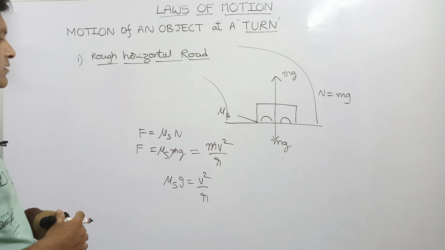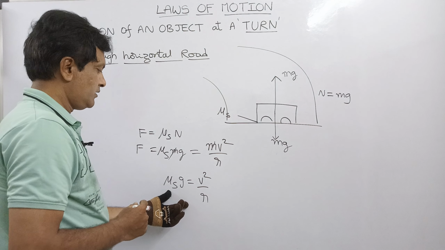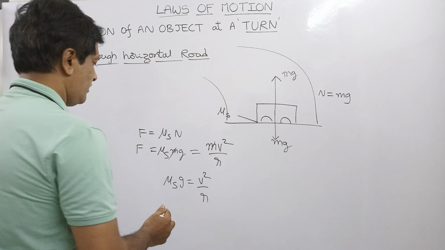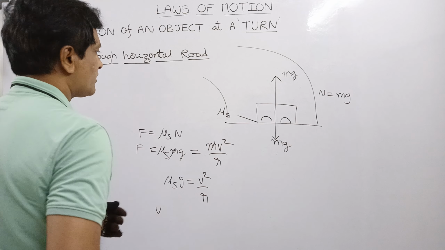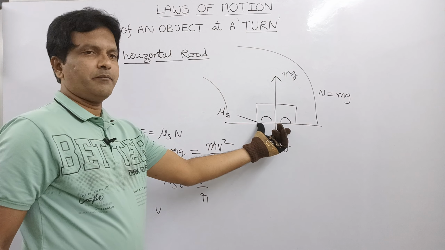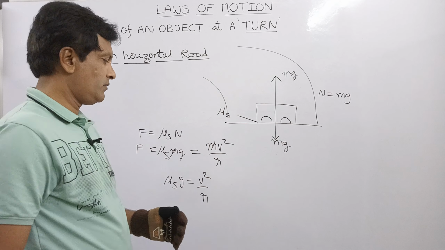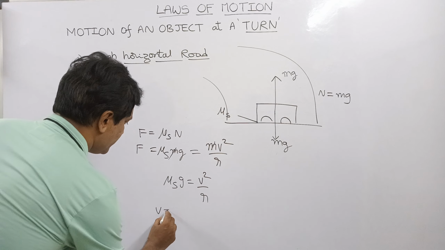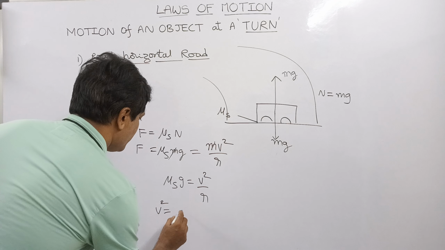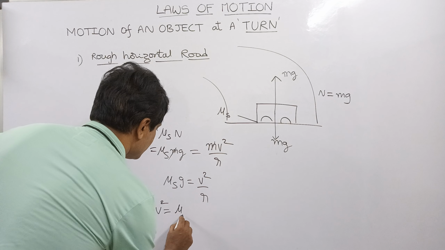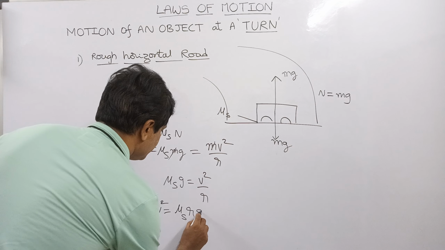So with this, if you want to calculate the maximum velocity so that the vehicle will not fall away from the curve, we can write v square is equal to mu s r g.